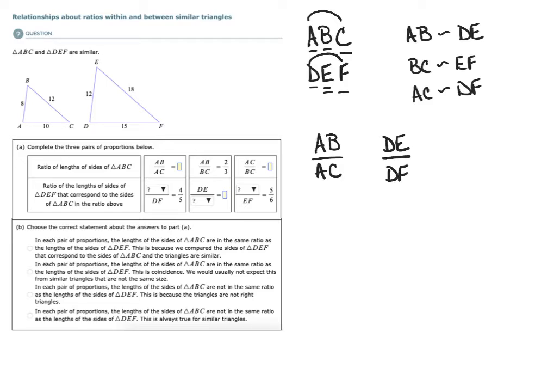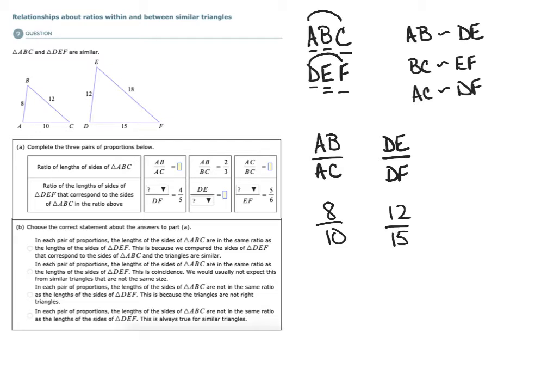If we fill in the side lengths, AB is a side length of 8, and AC is a side length of 10. DE is a side length of 12, and DF is a side length of 15.